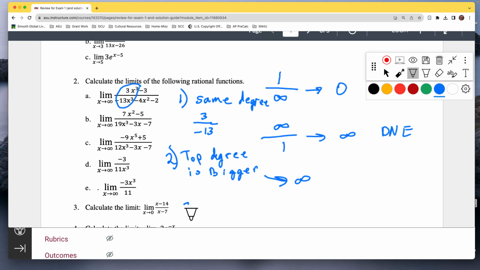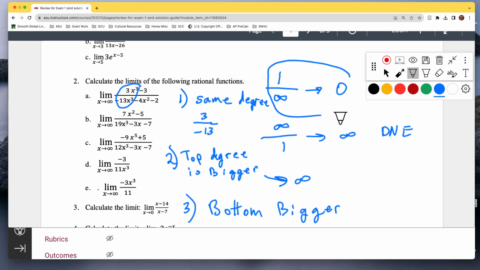And then the third thing was the top degree is smaller, or the bottom is bigger. I like to just look for which one's bigger. Okay, so I'll just go with bottom bigger. The bottom's the bigger one, then there's still an x left in the bottom, that goes to infinity. We're dividing by infinity, that goes to 0.